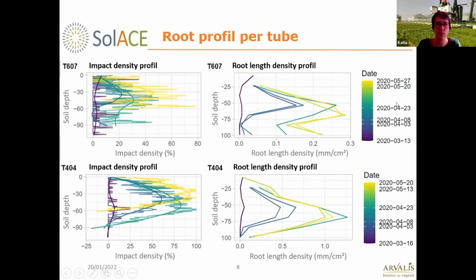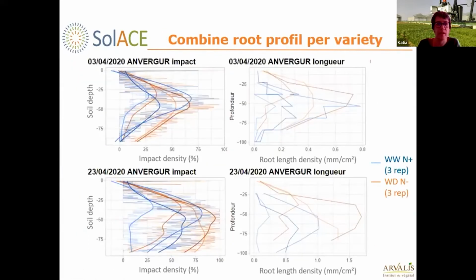and you can see that we measured it at 6 different dates, and you can see the progression over time. And here is the root length density profile, and you can observe a good correlation between the two kinds of measure. Then we combine root profiles per variety.